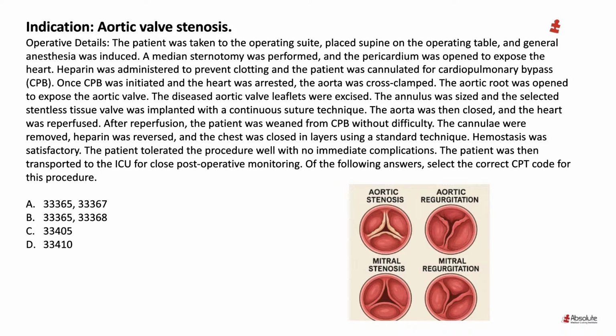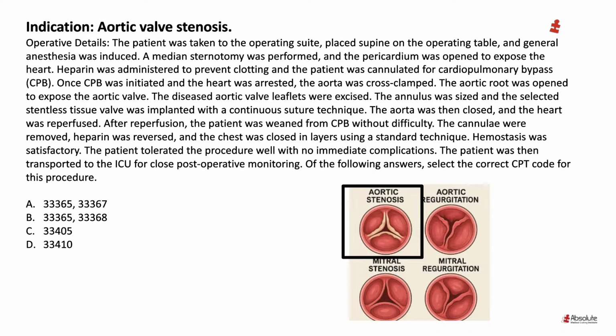Indication: aortic valve stenosis. This patient has this condition. Operative details: the patient was taken to the OR suite, placed supine on the operating table, and general anesthesia was induced. A median sternotomy was performed, and the pericardium was opened to expose the heart.